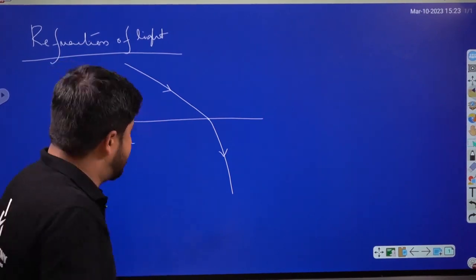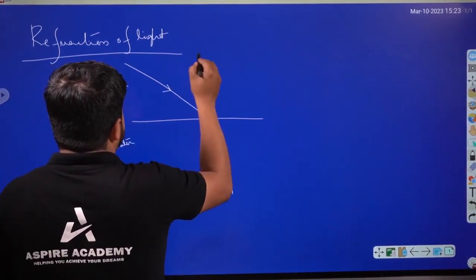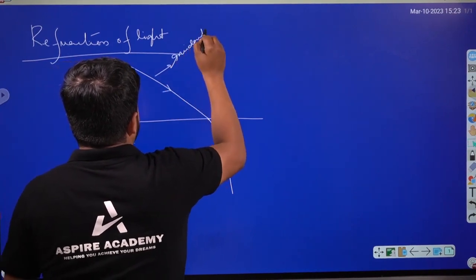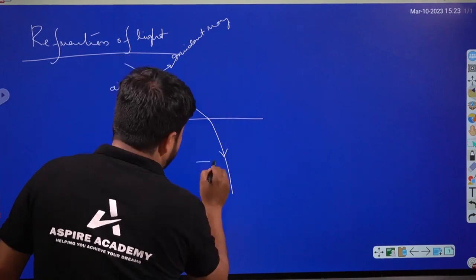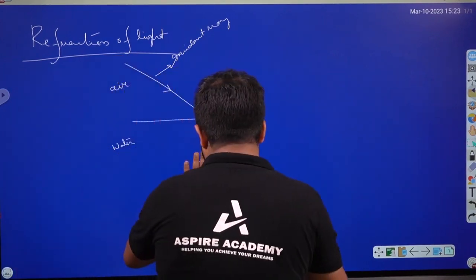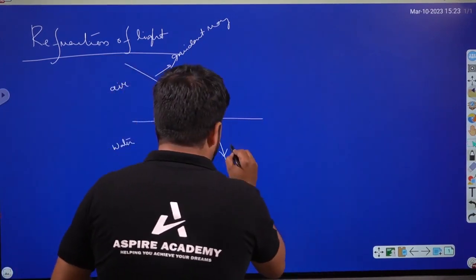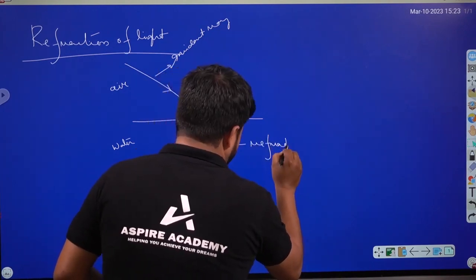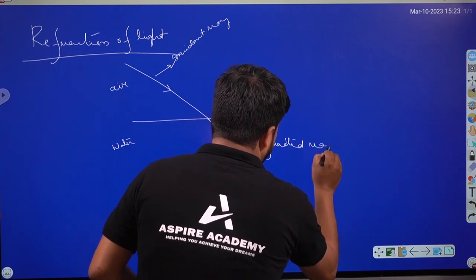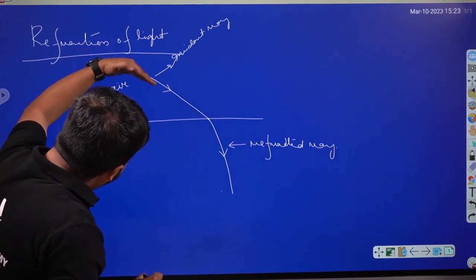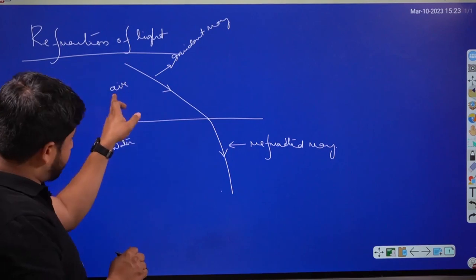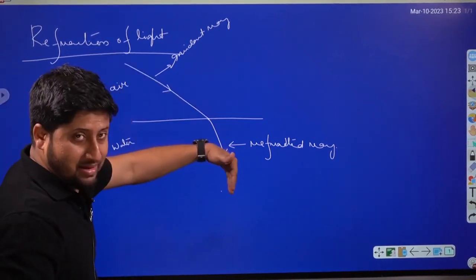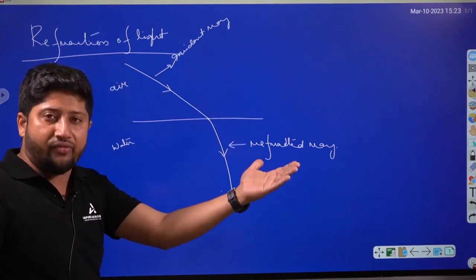The first ray is the incident ray, and this light is called the refracted ray. Because the two mediums are separate, from one medium to another medium the light bends, and this phenomenon is called refraction of light.